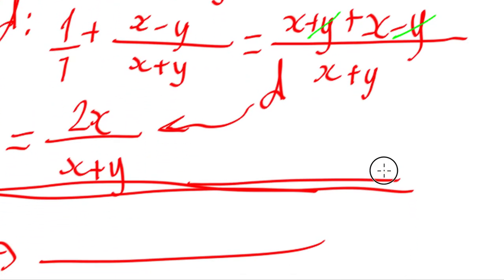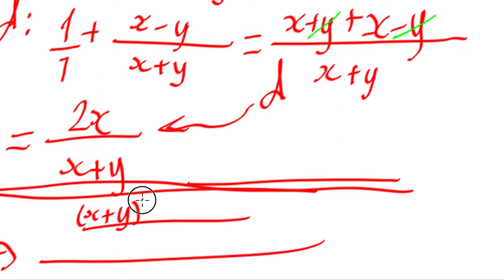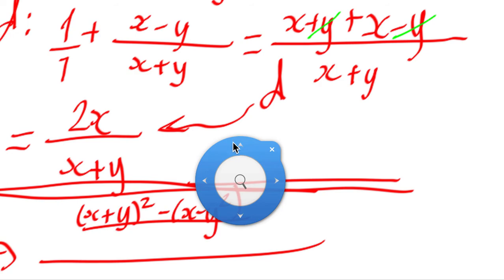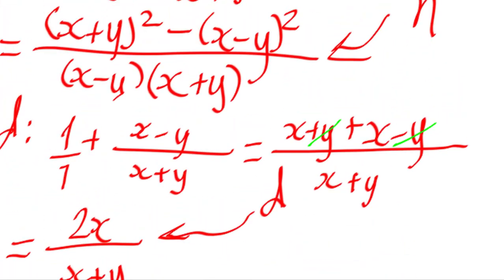So let's write it down. The numerator of our numerator is x plus y quantity squared minus x minus y quantity squared. That is all over x minus y, x plus y.